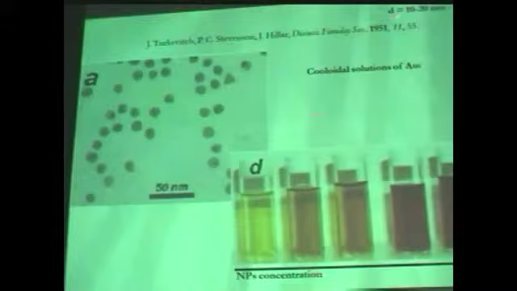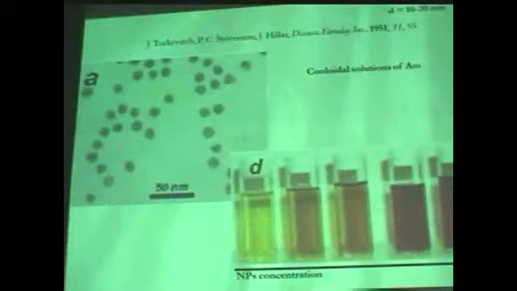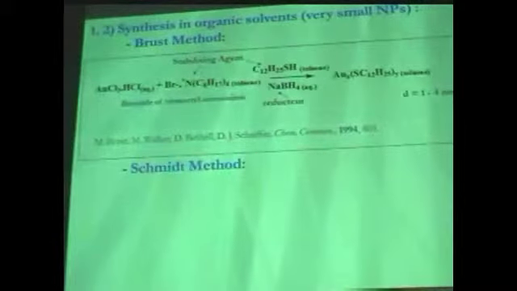And here we can see an interesting variation of color of those solutions depending on the nanoparticle gold concentration. In diluted nanoparticle solutions the color is yellow, and as we concentrate our solution, the color becomes red. This phenomenon we will see during our discussion about the optical properties of gold nanoparticles.